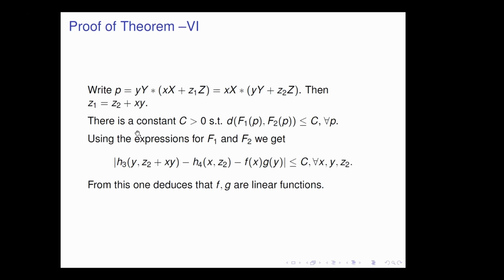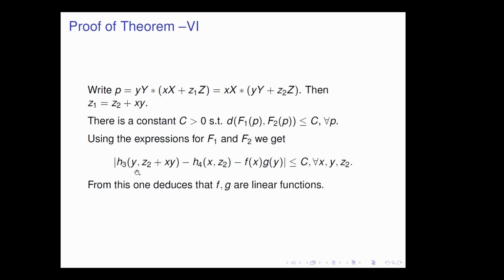Now, using the expressions for F1 and F2, we get this. So this is similar to the expression z1 equals z2 plus xy. But we have that equality because p has these two expressions. For F1 and F2, they don't agree, but they're at distance at most c from each other.